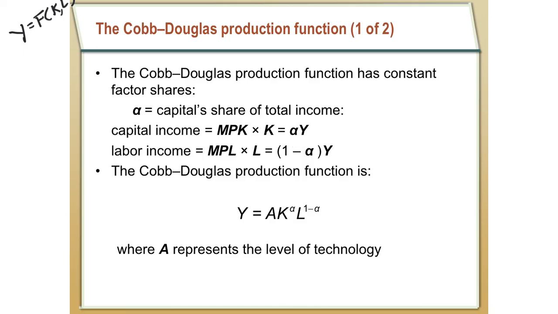Likewise, labor income from the previous slide, MPL times L, was our total payments to workers. That boils down to 1 minus alpha times Y. So if alpha is 0.3, then workers are getting 70% of output. If output is 10, then workers are getting 7 units of output as their income.